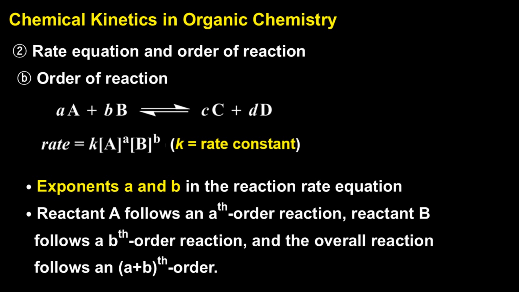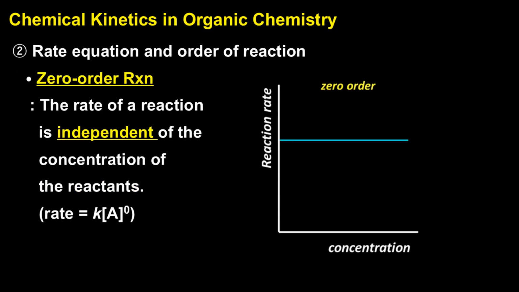For example, if a reaction involves reactant A, then its effect on the rate depends on the exponent a. That means it's a reaction of order a with respect to A. Same goes for reactant B. It follows a reaction of order b, and if you add those together, the overall reaction order is just a plus b. Let's go through some examples to make this even clearer.